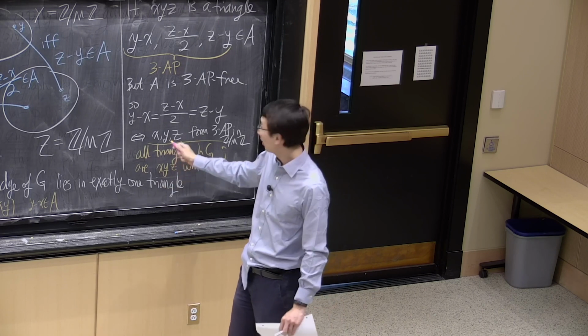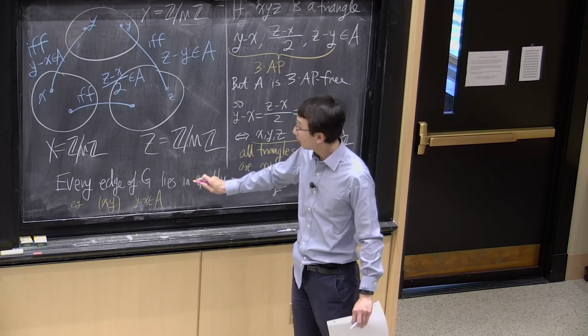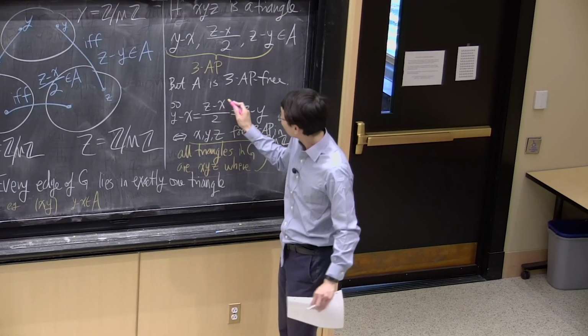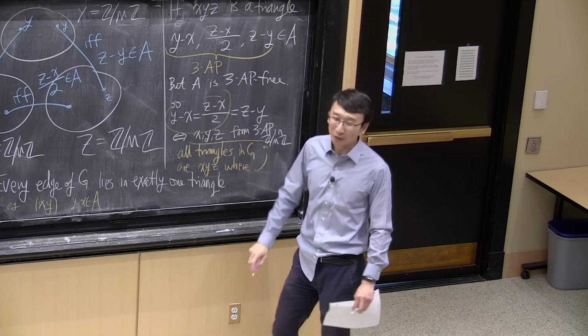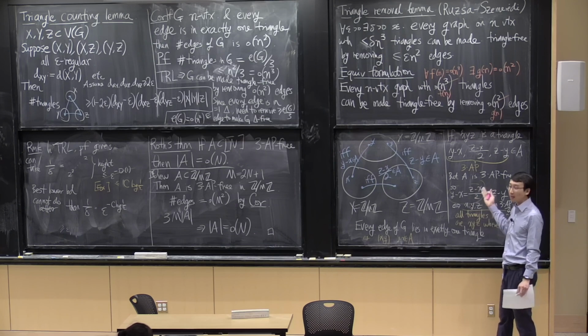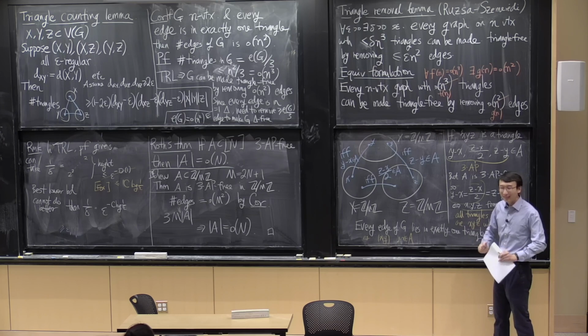Z has to be the element in Z mod M that completes X and Y to a 3AP. Namely, Z is the solution to this equation. There's no other Z that can work. And you can check that Z indeed works, in that all the remaining pairs are edges. So it's something you can check.